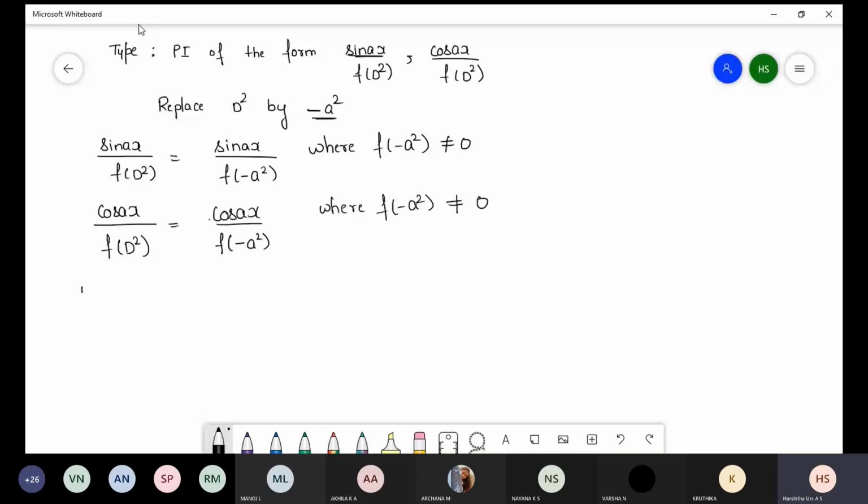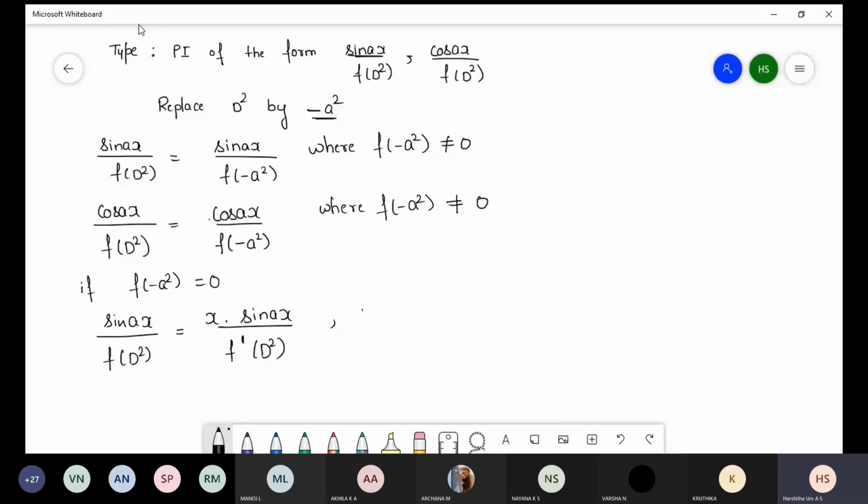Suppose f of minus a square is equal to 0. Then we follow the same method used in type 1: sin ax divided by f of D square, if it is 0, we write x into sin ax divided by f dash of D square.